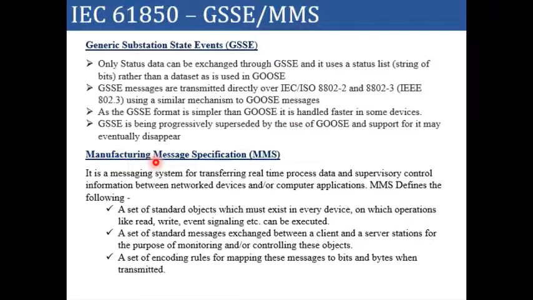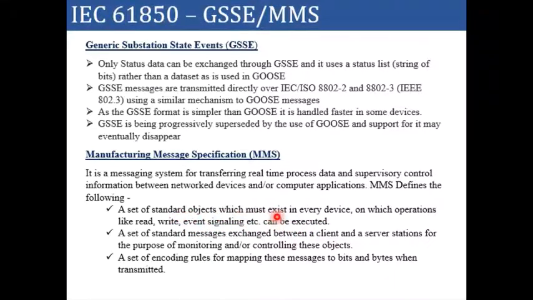The manufacturing message specification, that is MMS, is a messaging system for transferring real-time process data and supervisory control information between network devices and or computer applications. So basically MMS defines a set of standard objects which must exist in every device on which operations like read, write or event signaling can be executed.